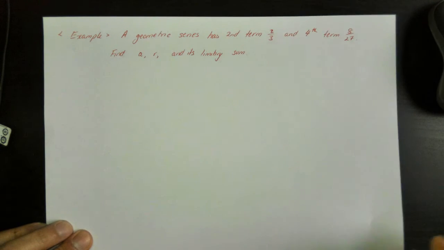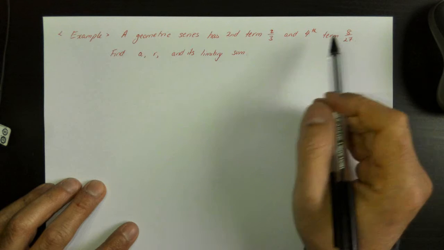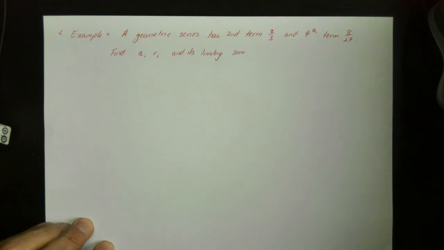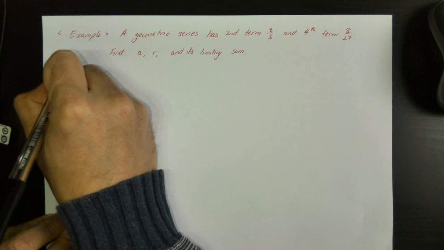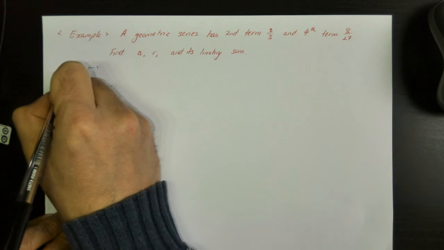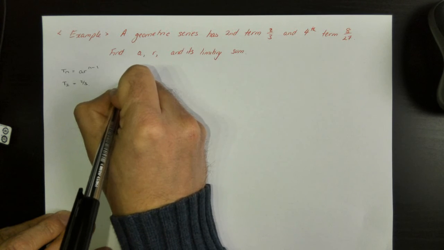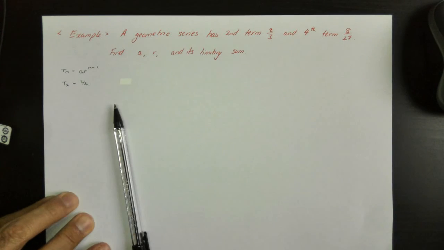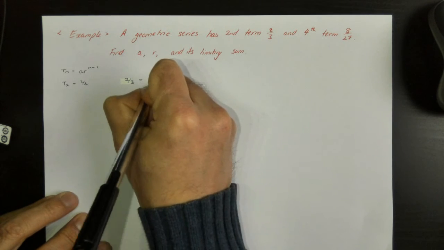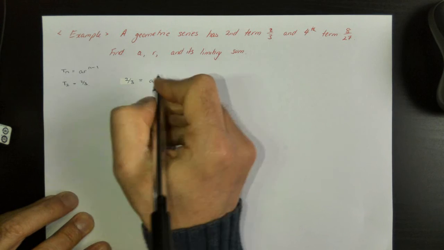Alright, last example. A geometric series has a second term of 2/3 and a fourth term of 8/27. We want to find a and r and its limiting sum. So we know that we can find a term of a geometric series by the formula a r to the n minus 1. We're given the second term, so we know that 2/3 is equal to a, which we need to find, times r, which we need to find, but n in this situation was 2, so 2 minus 1 is 1.